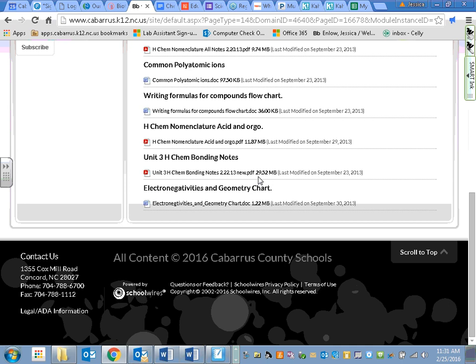At the very bottom of unit 3, it says electronegativity geometry chart. That's the better one. The yellow one has some questionable numbers or no numbers. But bring questions tomorrow. You might need the reading guide for some of your terminology. Okay. Peace. I'll see you tomorrow.